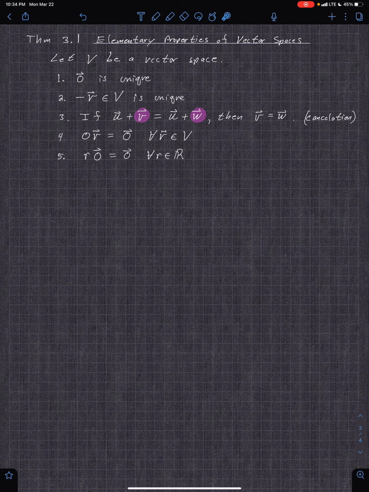We can only use properties of vector spaces, which we'll use. 6 is negative R times a vector V is equal to R times negative V, which is equal to negative R times V. And that's true for all R in R and V in V.